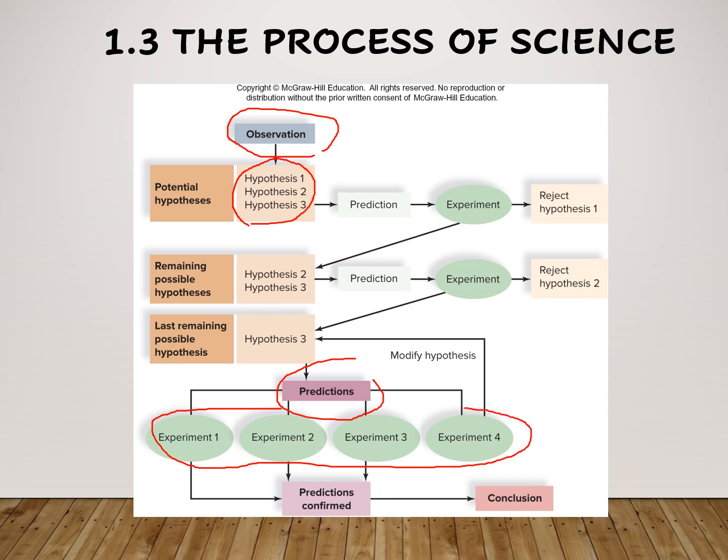They will carry out the experiments to confirm the prediction, and then they will come out with a conclusion. So these are the steps that you have to follow in order to carry out a scientific research. In the lab, I will explain further on this because you will need to have some of this information for your lab report.